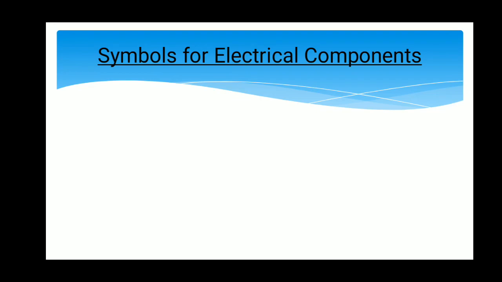To make an electric circuit, we need symbols of electrical components. So, let's discuss the symbols for electrical components. Firstly, we discuss connecting wire. A straight line is used to represent a connecting wire.